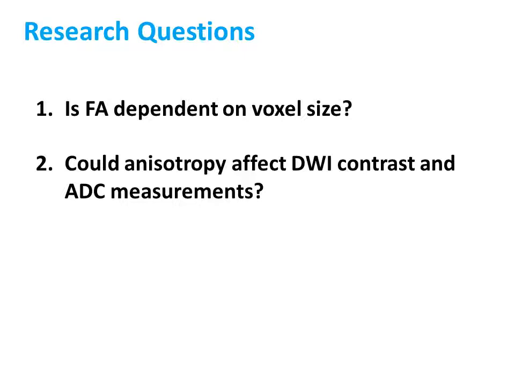Now the reason for this question is that most ADC measurements are based on a 3 diffusion direction measurement, not a 6 direction measurement where we calculate a tensor and then the mean diffusivity. So if there is significant anisotropy, then a three-direction DWI measurement and an ADC calculation from that could actually be orientation dependent.